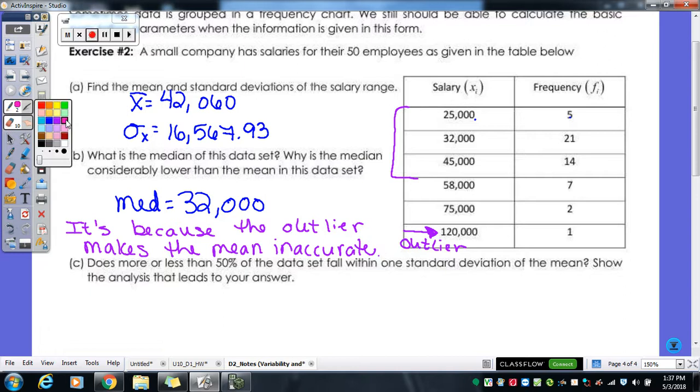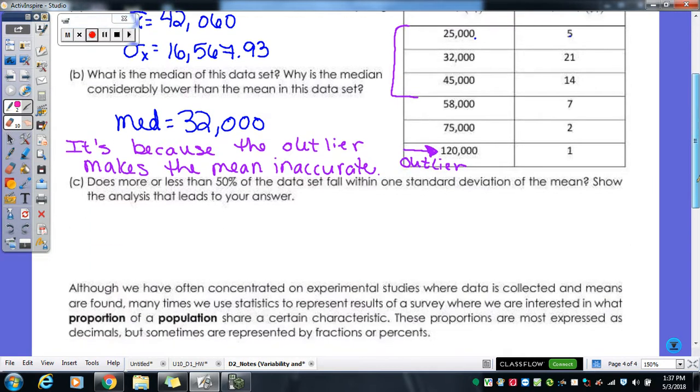So is the median more realistic than the mean? When you have an outlier, your median is your more accurate value. So then C, does more or less than 50% of the data set fall within one standard deviation of the mean? Show your analysis.